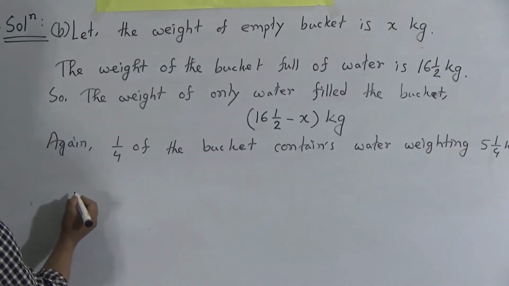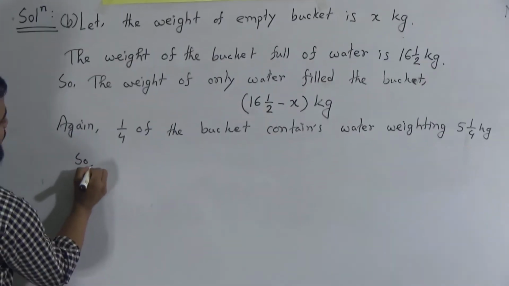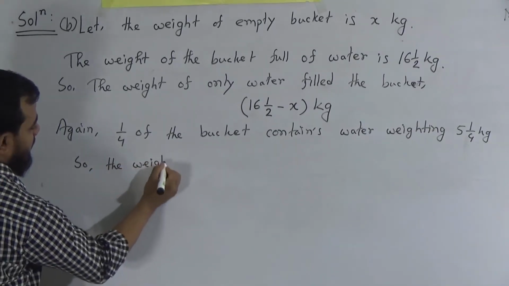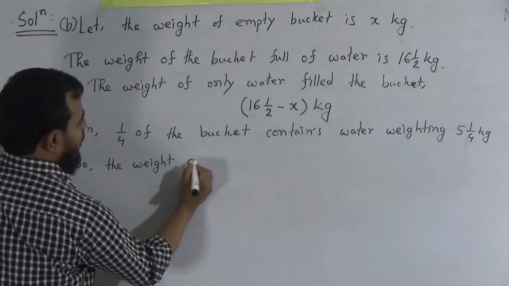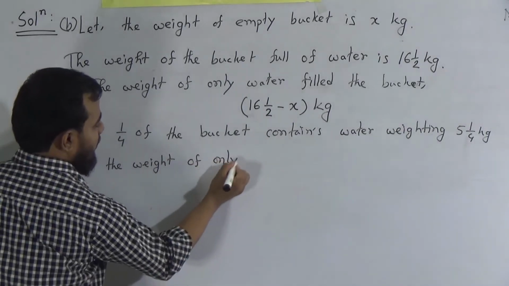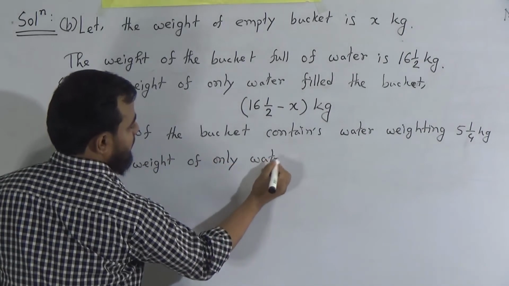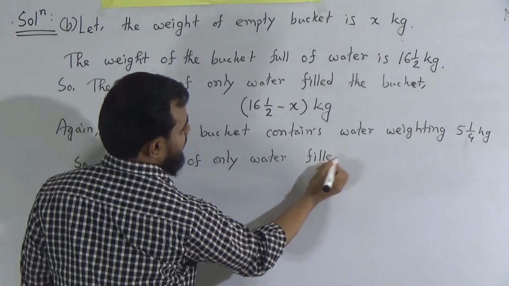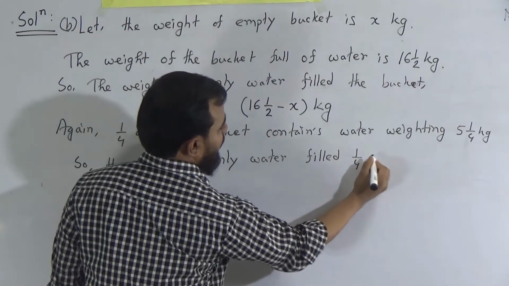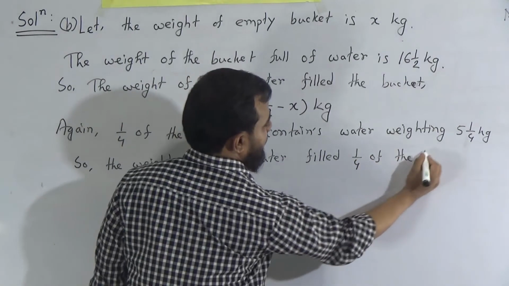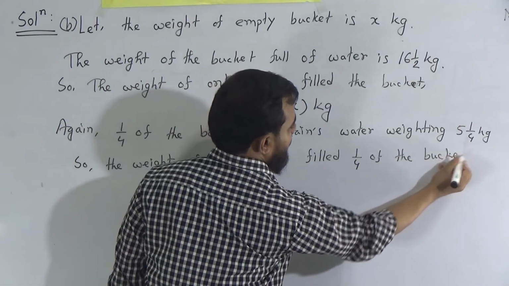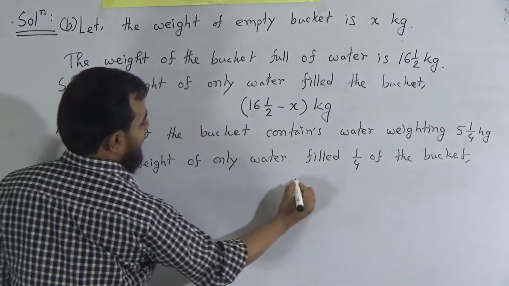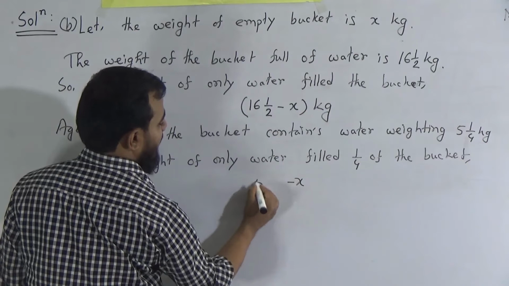So the weight of only water filling 1/4 of the bucket: we have to subtract x from 5 1/4.